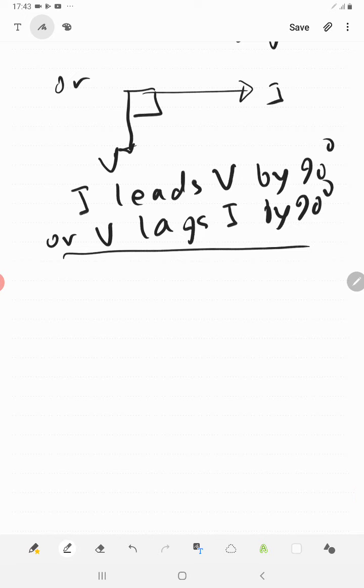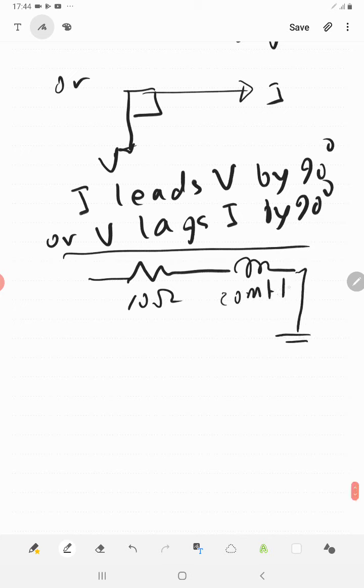Now, we can combine resistors, inductors, and capacitors in circuits. Let's say that we have a resistor, 10 ohms. We have a coil, let's say a 20 millihenry.